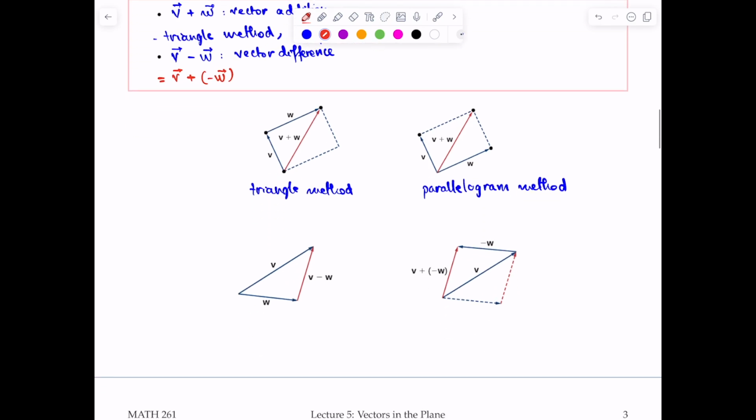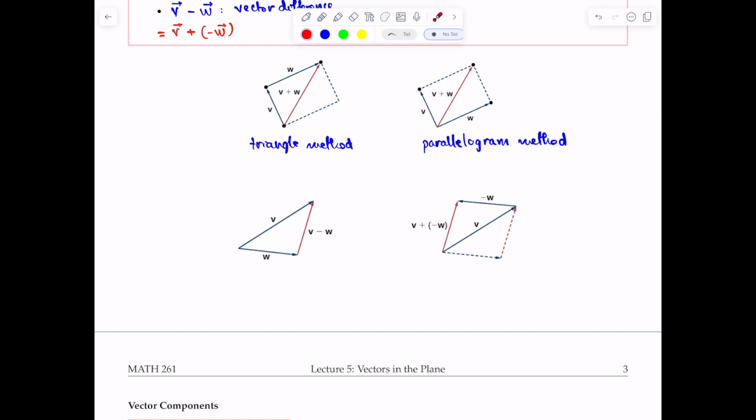Okay, so now in this image, you can see the result of a vector difference, right? So v and w, and this red arrow is the vector difference between v and w. In addition to that, you can also perform a vector addition on the opposite of vector w.